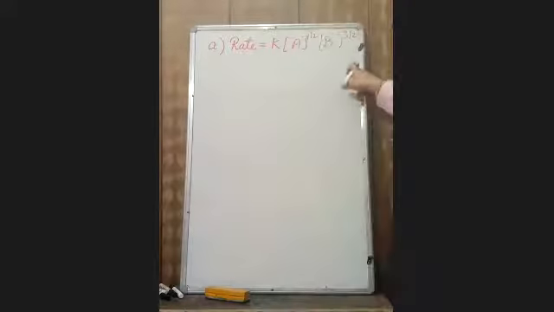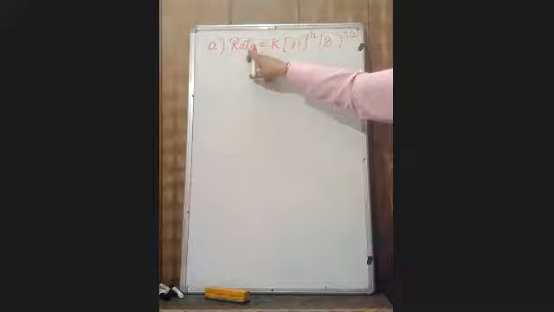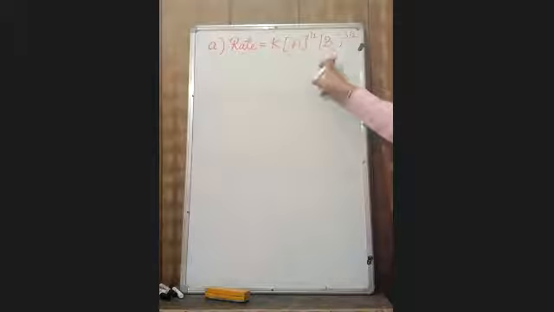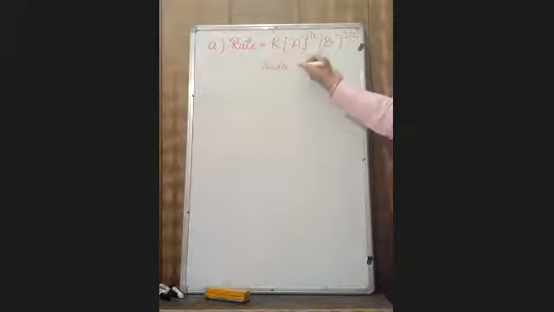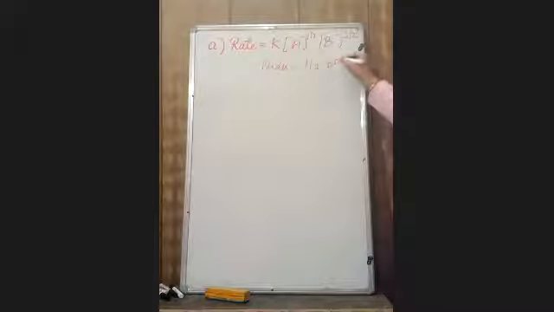It means actually the rate of a reaction depends on these two reactants raised to this power. So order is what? 1/2 plus 3/2. It comes out to be 2. It is second order reaction.